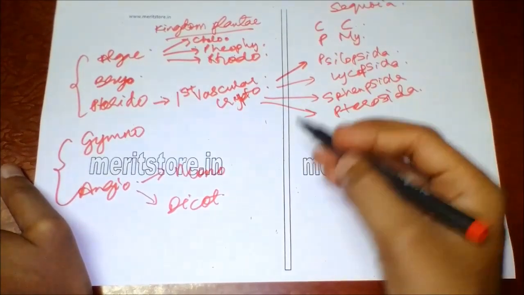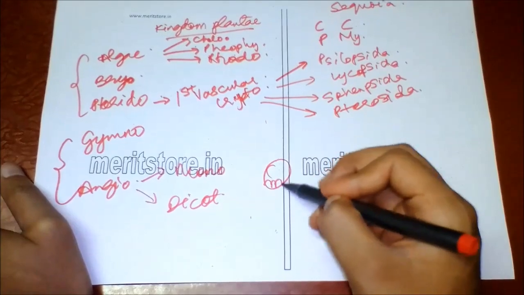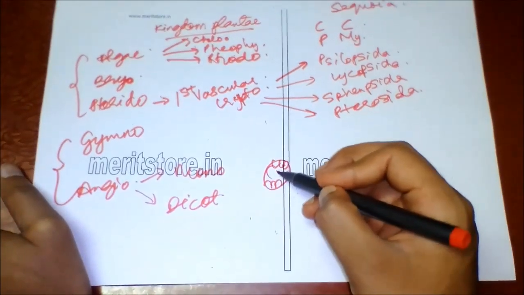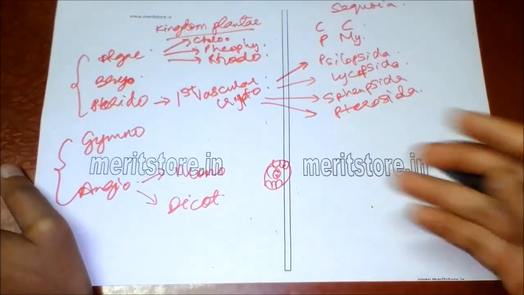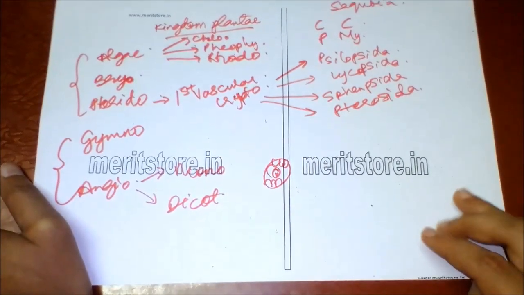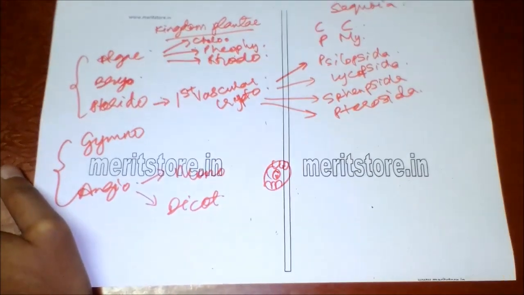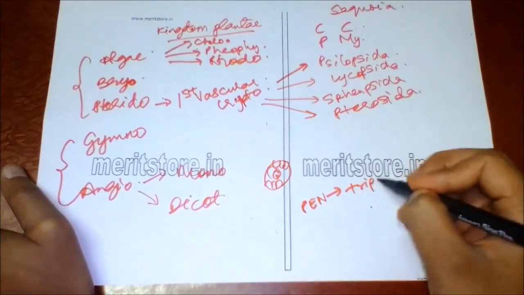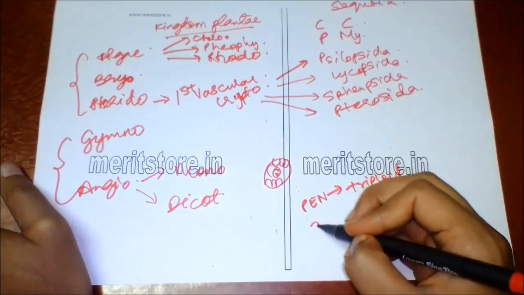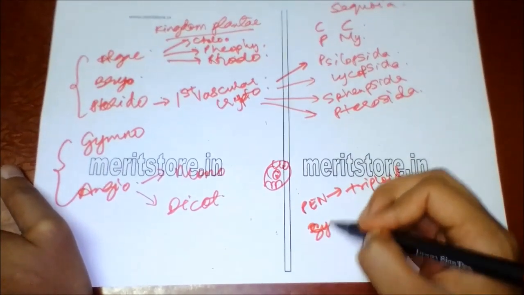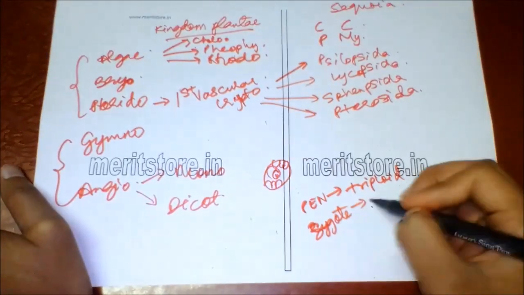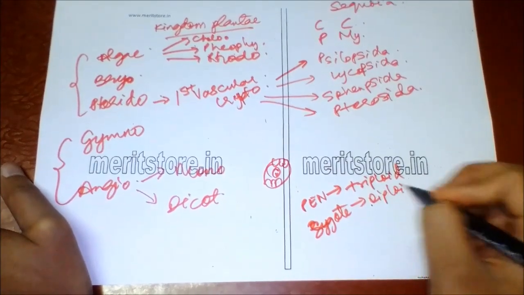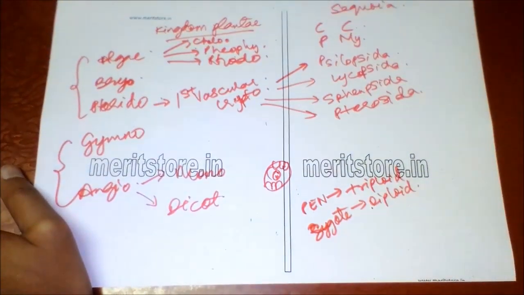And then the egg nucleus, the synergids, the antipodal cells and polar nuclei, because double fertilization is seen in angiosperms. This will further come in the reproduction chapter. Primary endospermic nucleus, just remember it is triploid, and the egg or zygote formed is diploid. And the primary endospermic nucleus is the nutritive tissue.